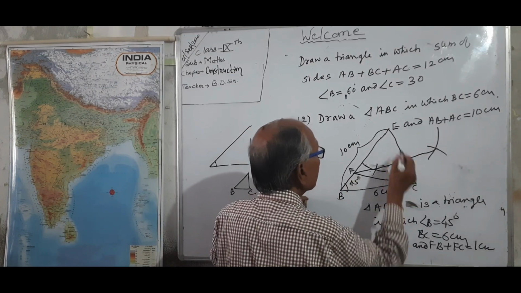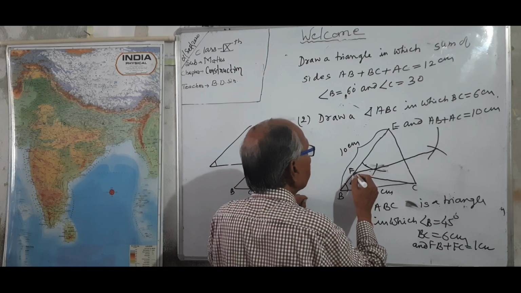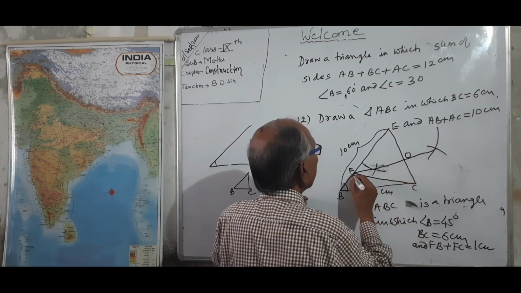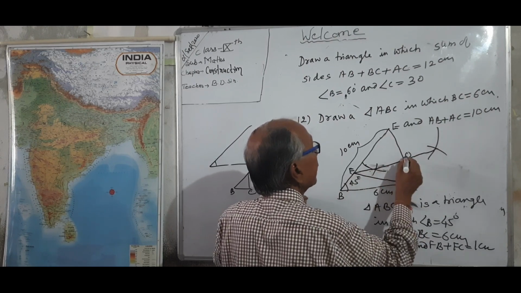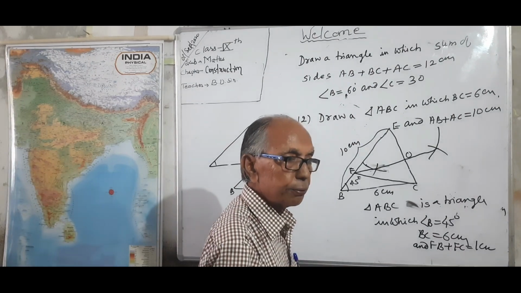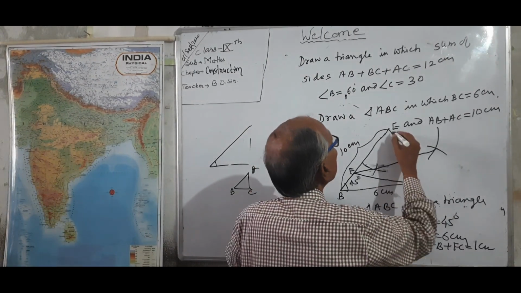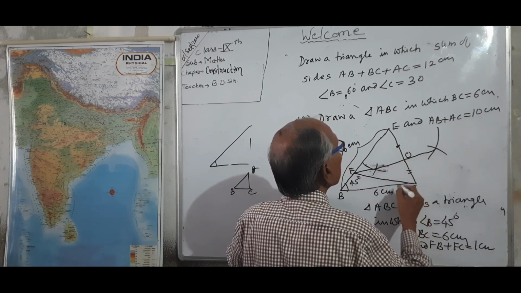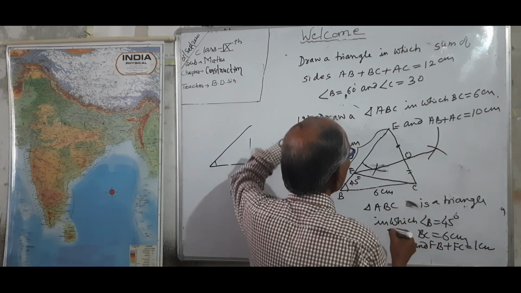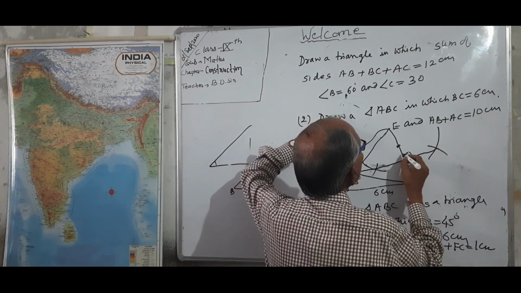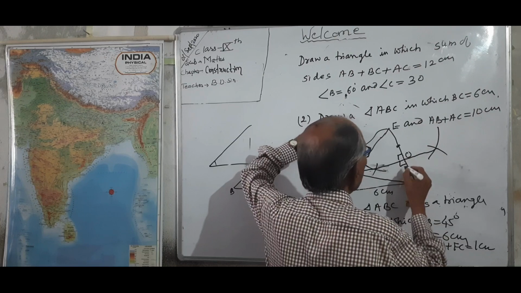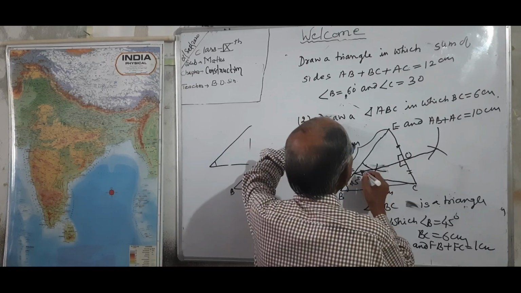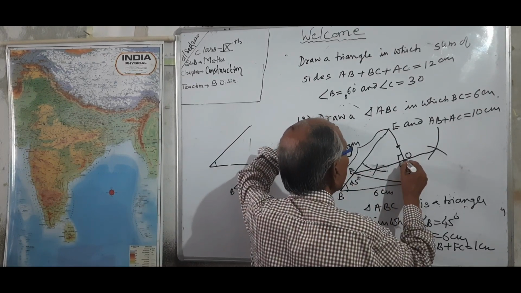FC is equal to FE, because if we compare those two triangles, suppose this is point O, triangle FOE and triangle FOC, these two triangles will be congruent. How? EO is equal to OC, this angle is equal to this angle, right angle 90 degree, and FO is common in both the triangles.